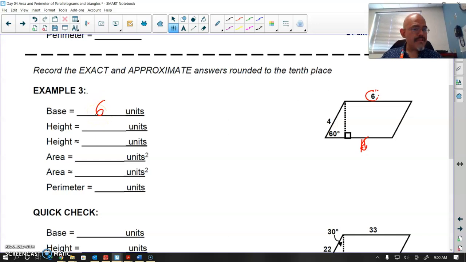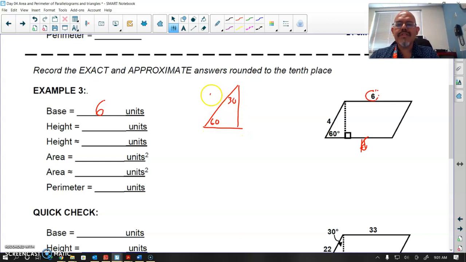Our height, well, they don't give us the height, but they do give us this 30-60-90 triangle. It's 60 degrees right here, 30 degrees over here. This is 4 units. So our height is based off of this. The 30 is opposite of our shortest side, which is half of the hypotenuse, so that's going to be 2.